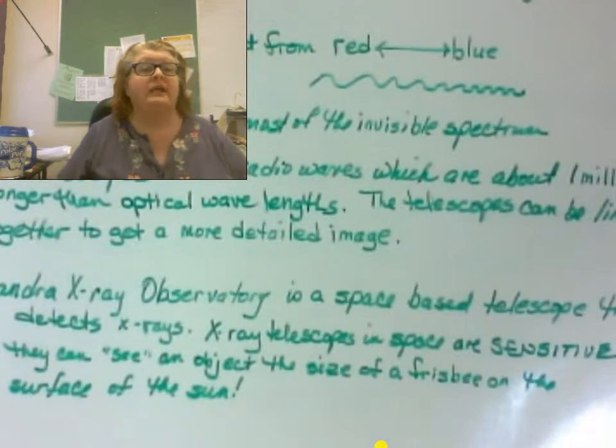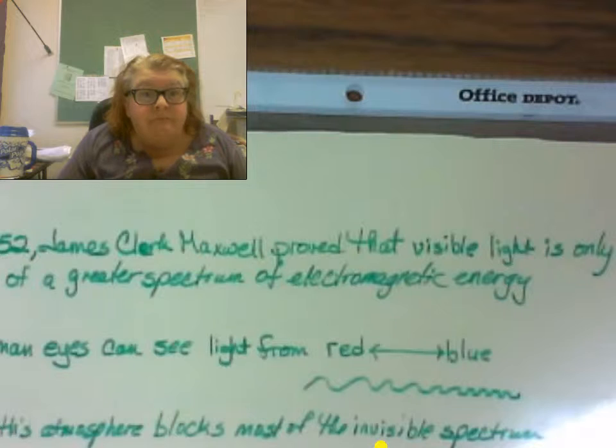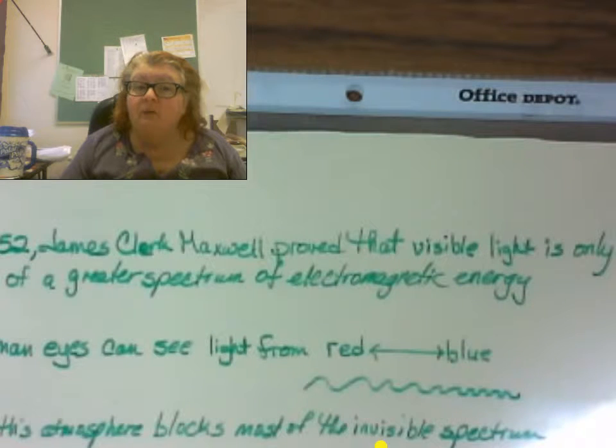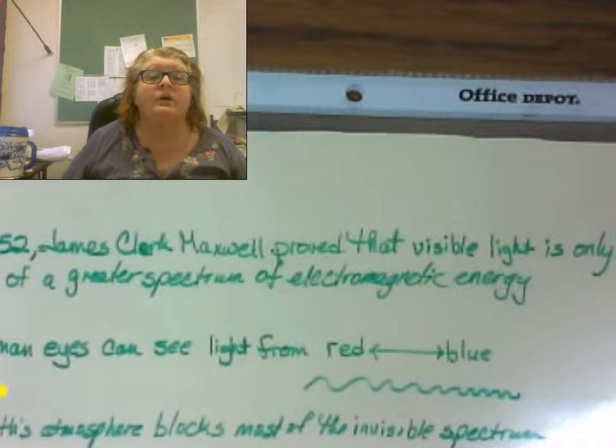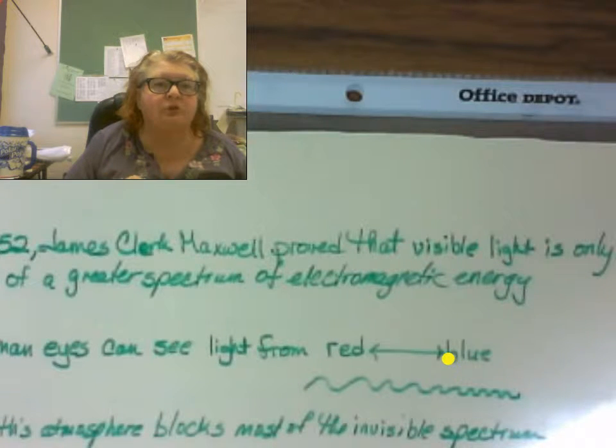All right, now let's look at 1852. James Clerk Maxwell. He proved that visible light is only part of a greater spectrum of electromagnetic energy. Human eyes can see light from red to blue. You should know by now: red, orange, yellow, green, blue, indigo, violet.